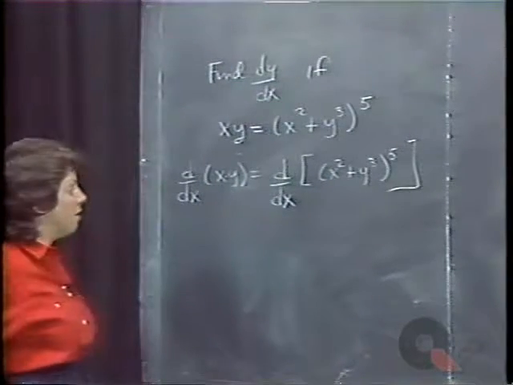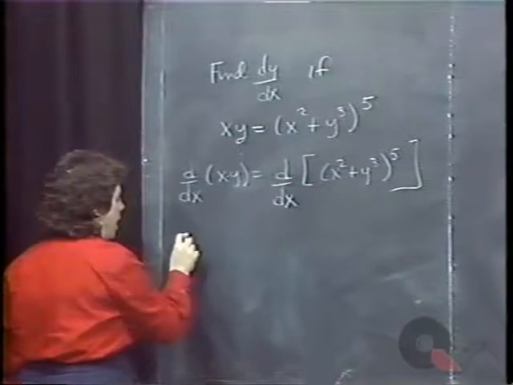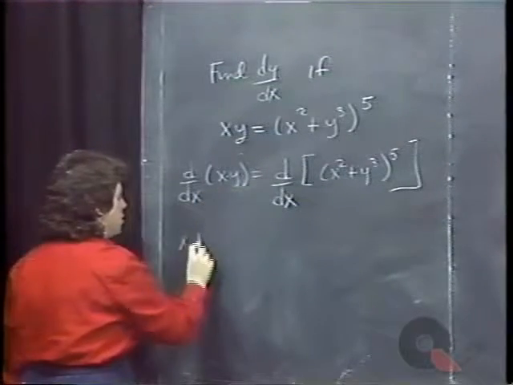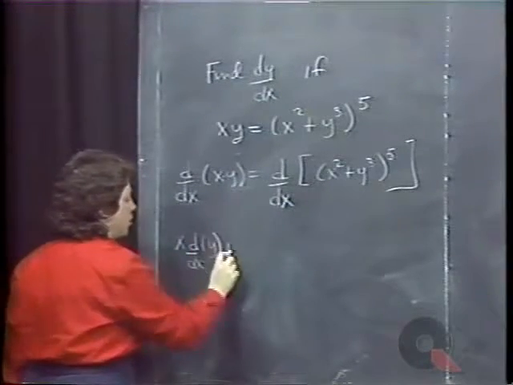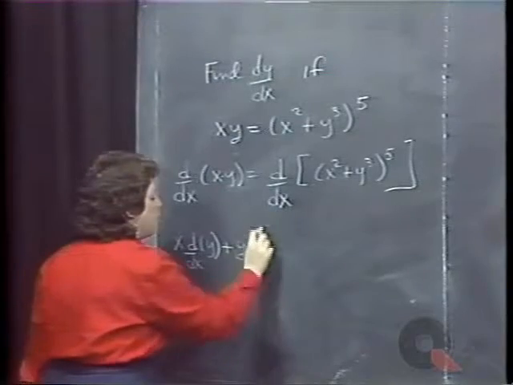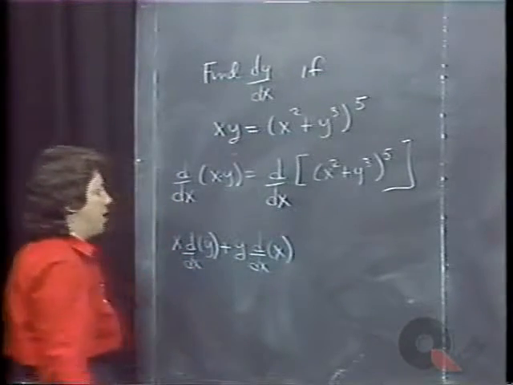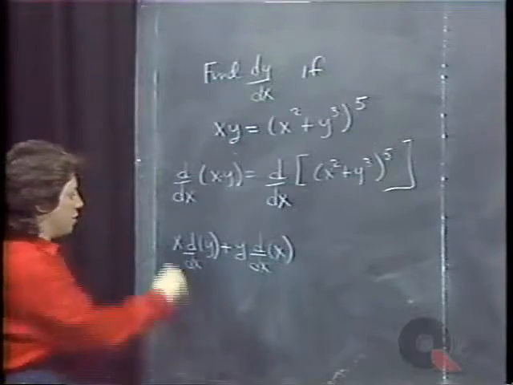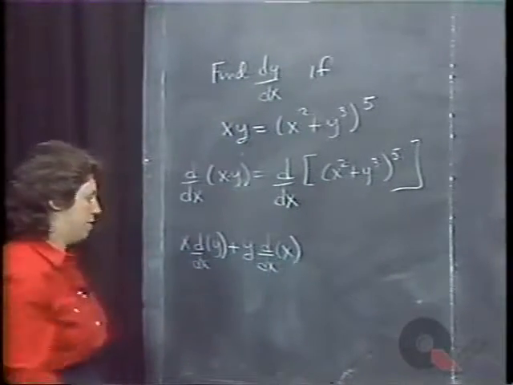To take the derivative of xy with respect to x, it will be the first, x, times the derivative of y with respect to x, plus the second, y, times the derivative of x with respect to x. First times the derivative of the second plus the second times the derivative of the first.